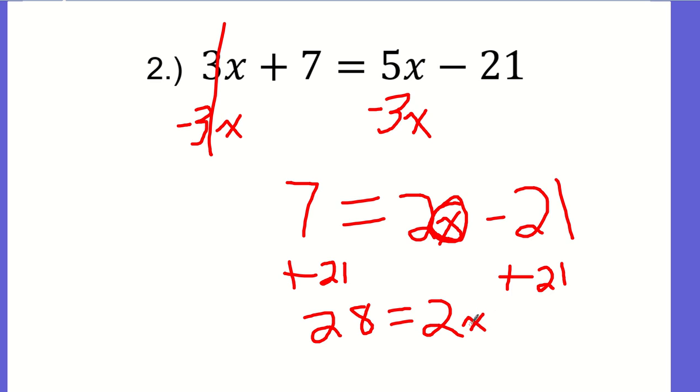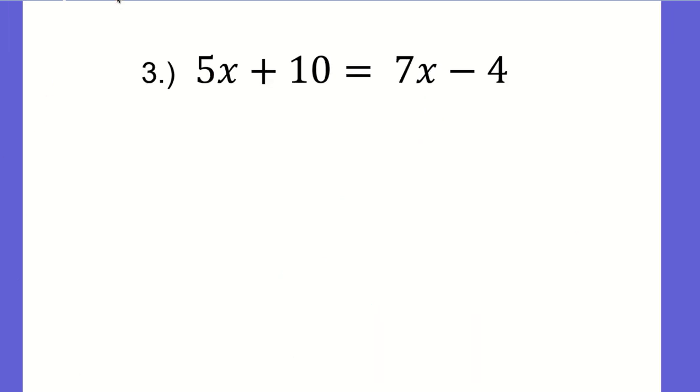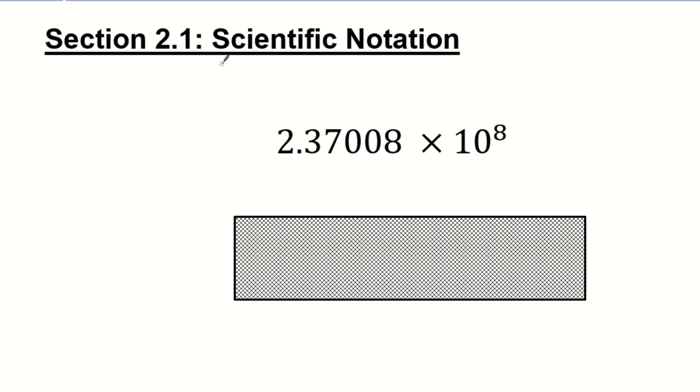And now to finish getting x by itself, we want to cancel out the 2, so it's 2 times x, so the opposite is dividing both sides by 2, and we get 14 as a final answer. 14 equals x.